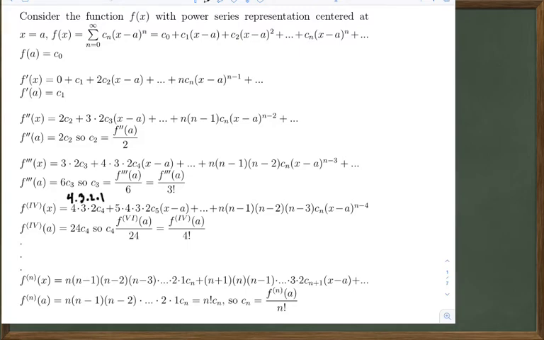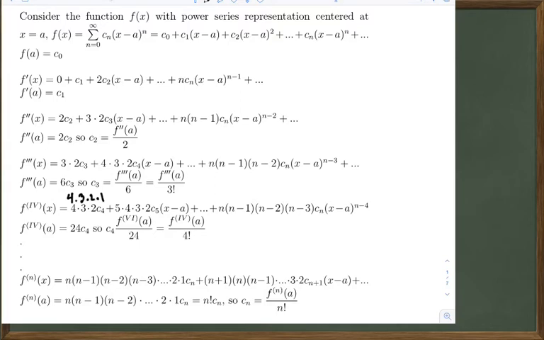Sorry about that. Okay. So anyways, the fourth derivative there, if we evaluate the fourth derivative at a, everything else will absorb except for the 4 times 3 times 2, which is 24, and so we would have the fourth derivative evaluated at a equals 24c4.